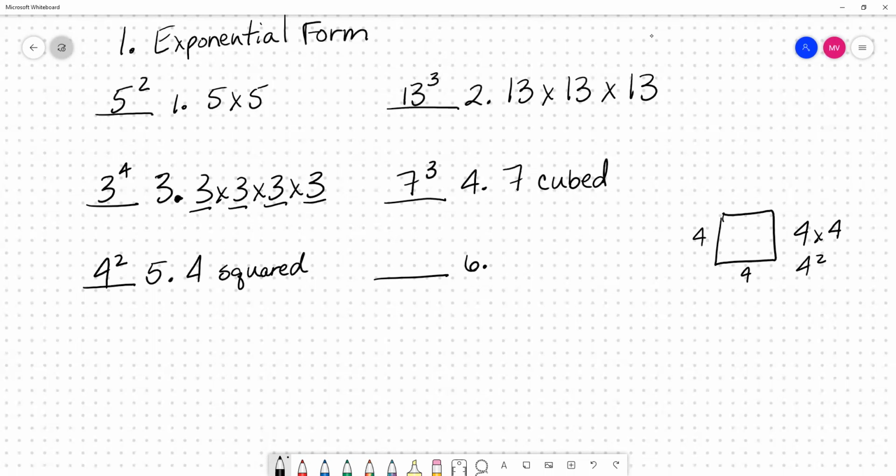So that's 4 squared. And then if you have a cube, then it's the length times the width times the height, which is 4 times 4 times 4. And because that makes a cube, that's why we call it cubed. So that's where the squared and the cubed comes from.